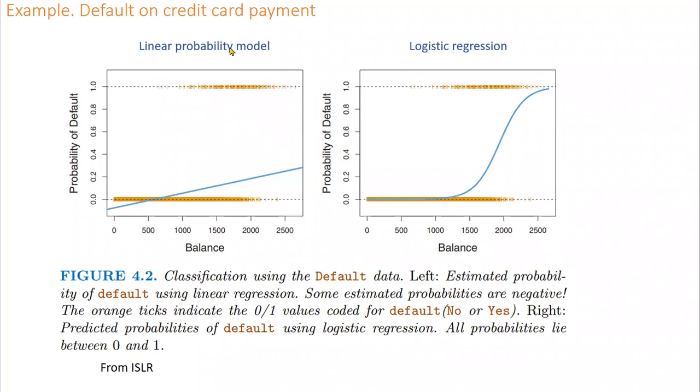If we think back to part 1 of the course, we could treat the balance as the covariate and the y variable 0 and 1 as the response, even though it's not normally distributed. If we were to fit a simple linear regression by OLS, we would get this blue line.